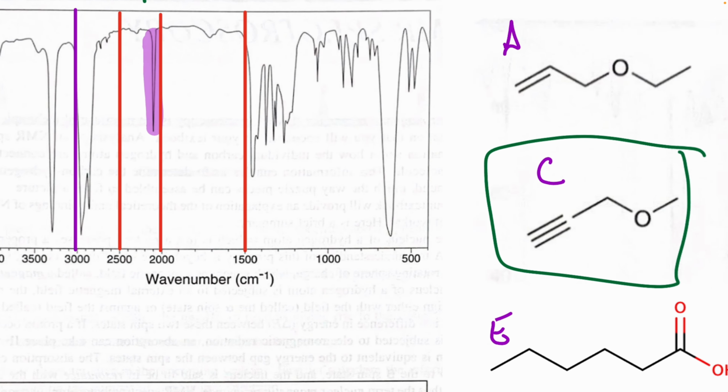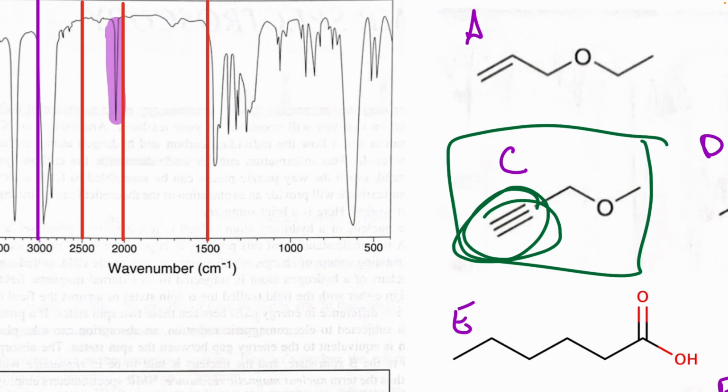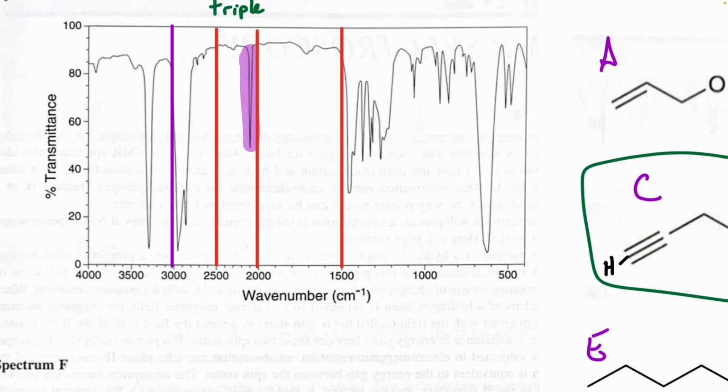There's another peak here that allows me to conclusively determine that it's C, because if we notice that C, that triple bond's on the very end of that molecule, meaning it's got a hydrogen attached, and that's again what that extra marker at 3,000 helps us see. If we have something that's sitting well above that marker, around 3,300, that is my sp hybridized carbon and hydrogen bond absorbing there.